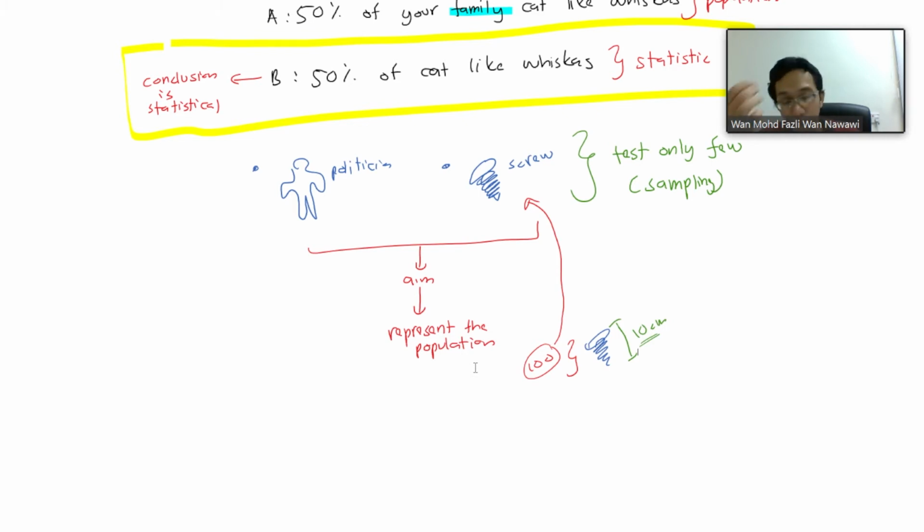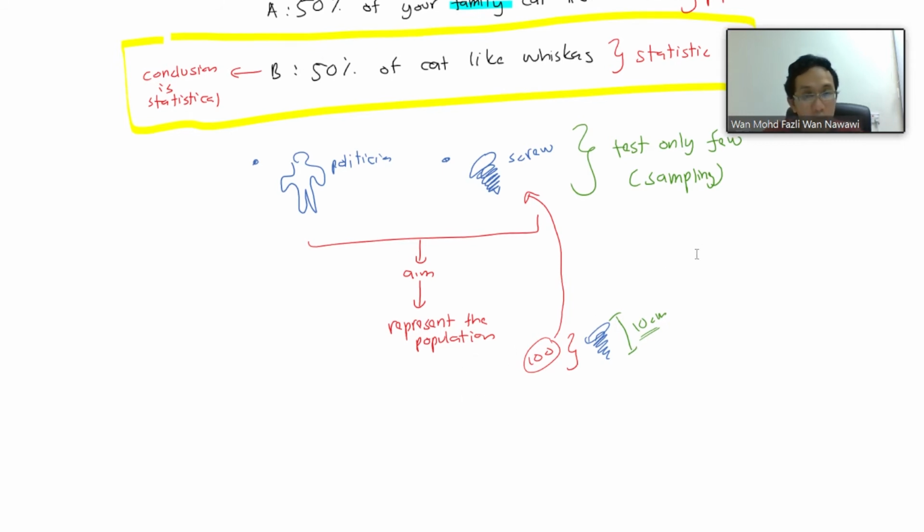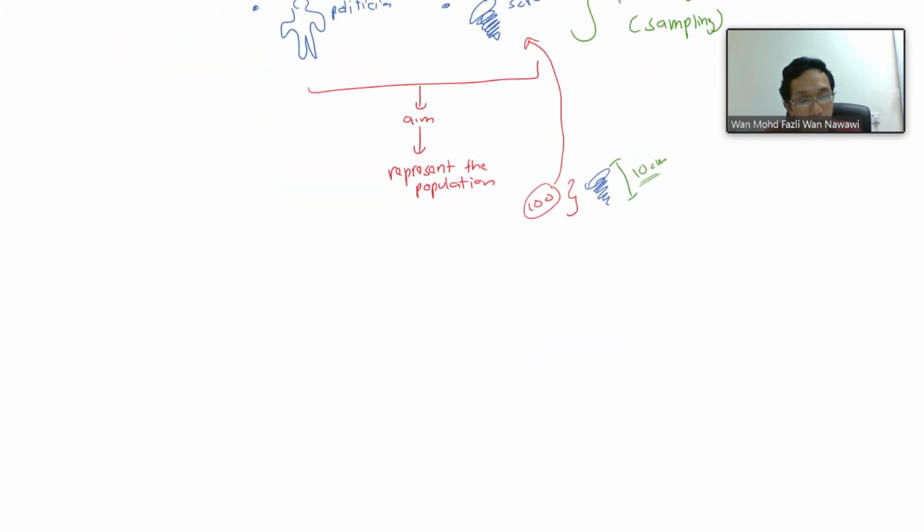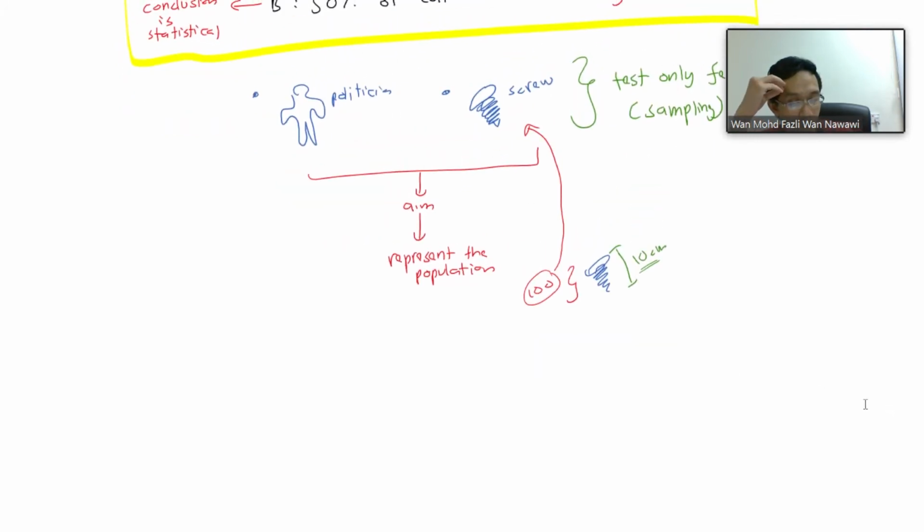You check only part of the population, but you want whatever you test to be representative of it. So that's the reason why you don't use statistics to prove. Let's say you have N population.